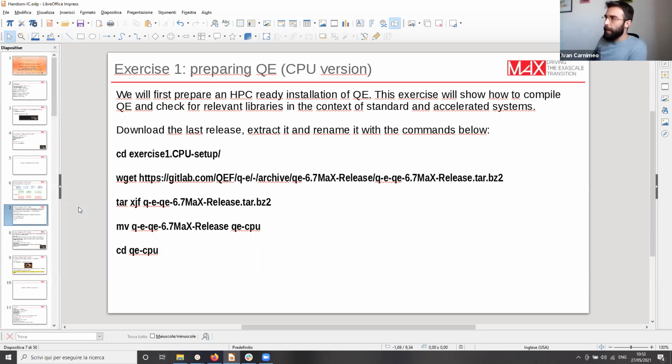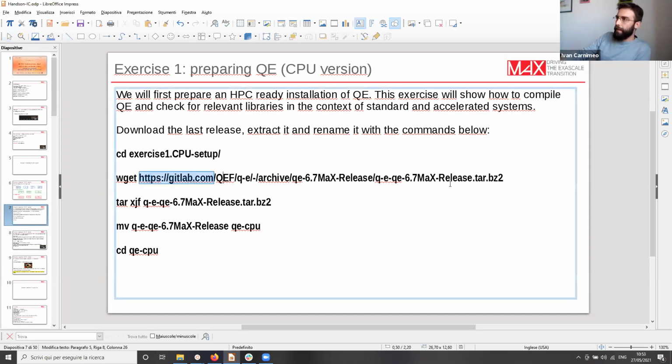Or even, I think you can open the README file from your virtual machine or from your laptop and copy and paste the command to the shell on the Marconi cluster. Anyway, I think it is easier to copy this URL here.